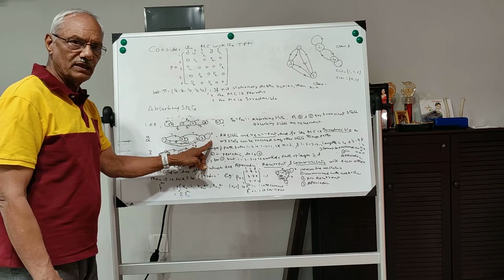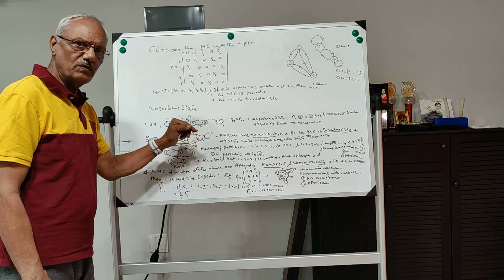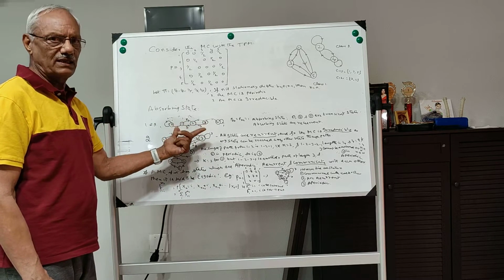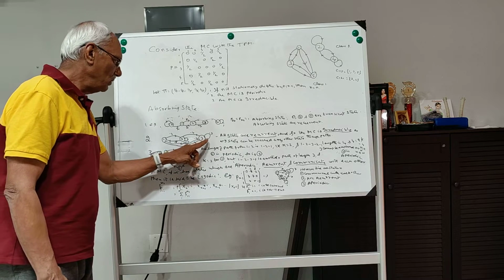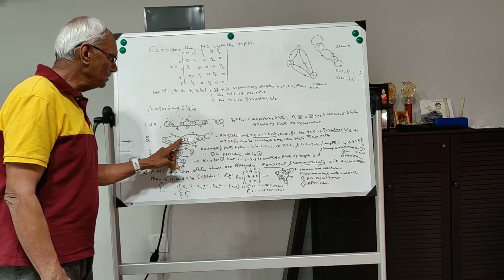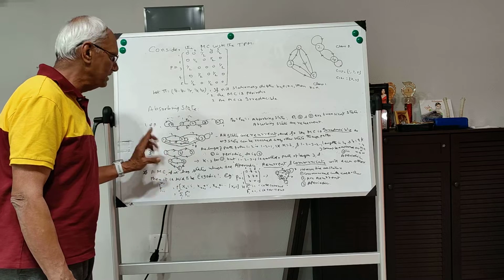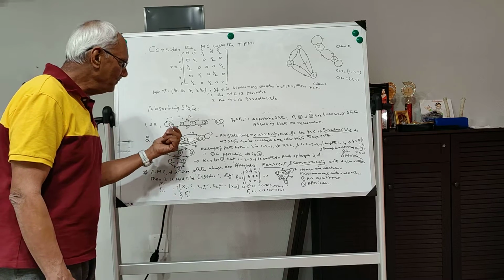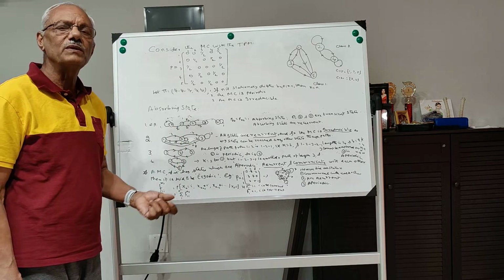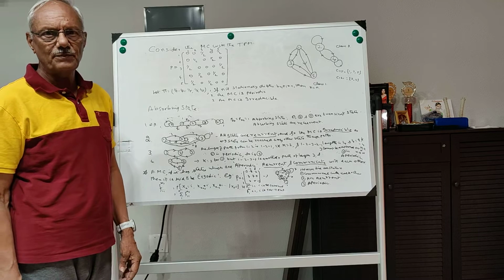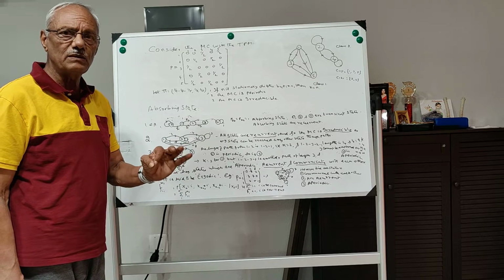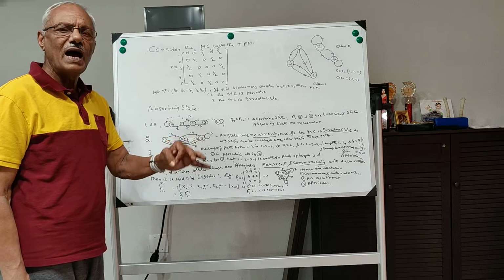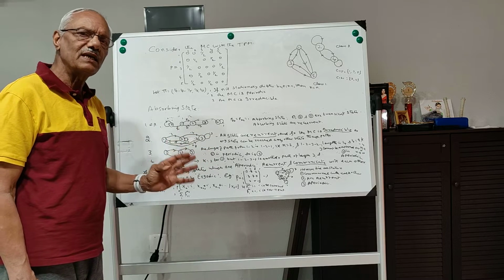Even the loops, that is, the transitions from a state to itself, are given here. Now you see that 1 to 2 is possible, 2 to 3 is possible, 3 to 1 is also possible. That means every state is reachable from every other state, and therefore it is recurrent.